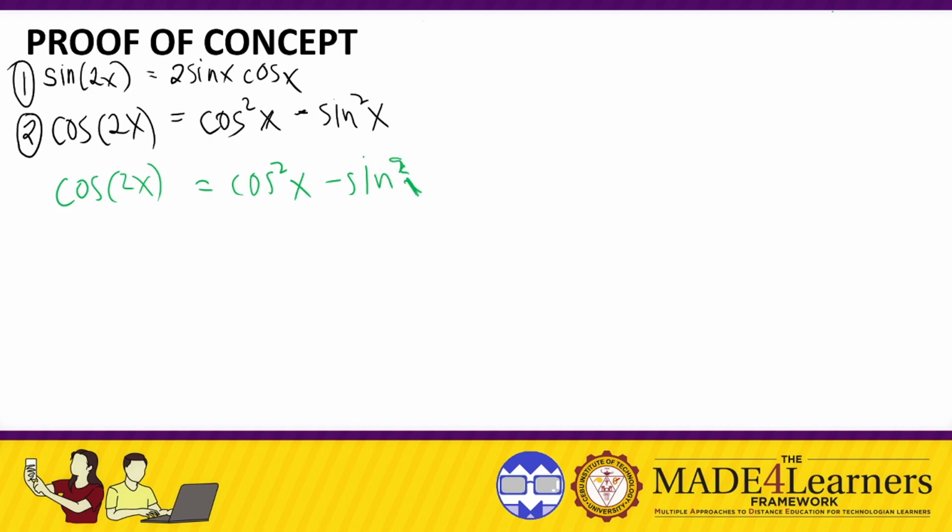We must first review our Pythagorean identity. We know that sine squared x plus cos squared x equals 1. This is one of the first identities that you learned in part 1.